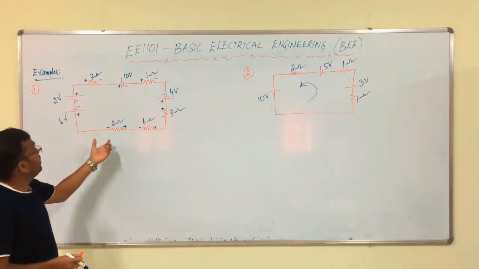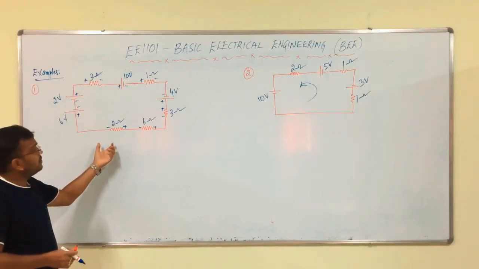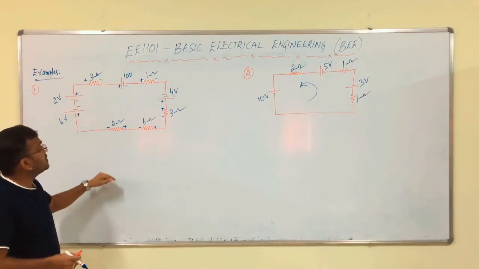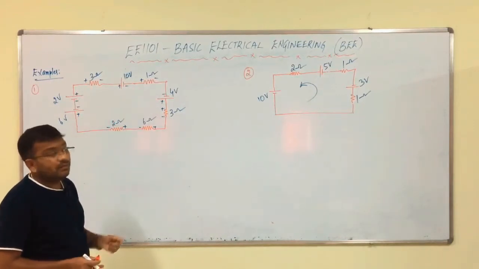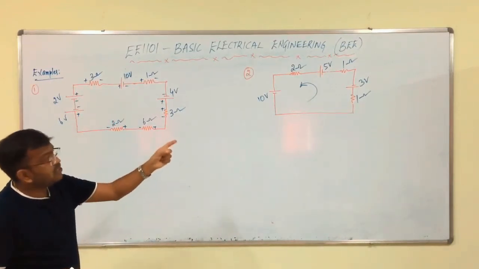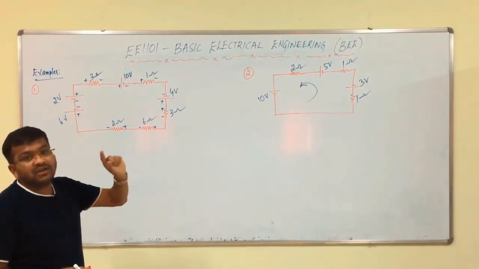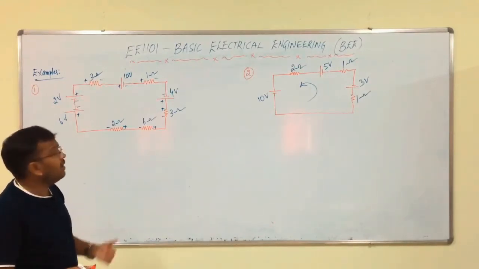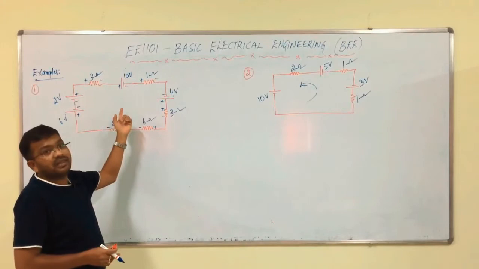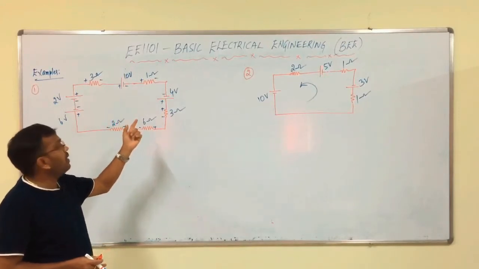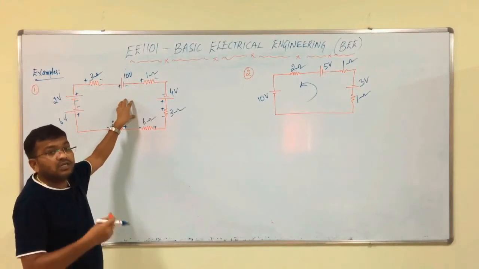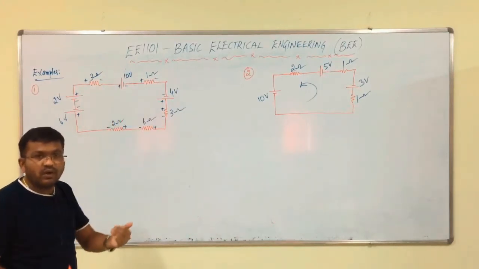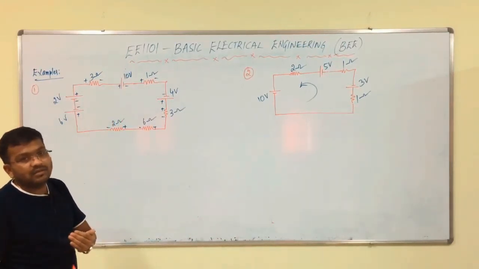So this is a simple closed loop circuit. In this, the examiner didn't provide any current direction, but in the second problem he mentioned a particular direction of current flow. If he didn't mention anything, we have to assume our own direction, whether clockwise or anti-clockwise.